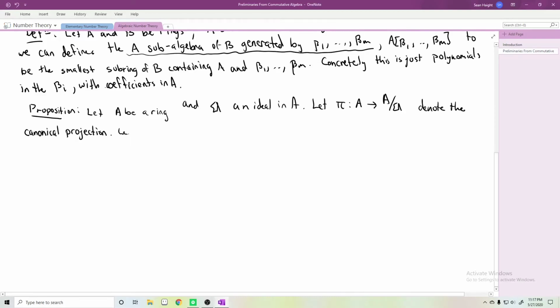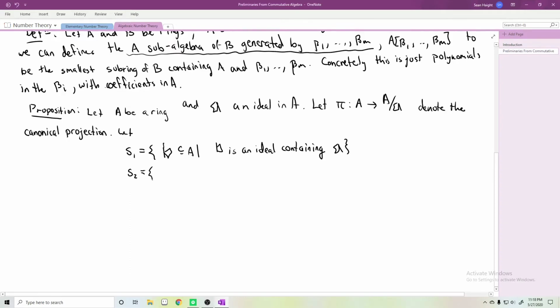So we're going to let S1 be the set of ideals B in A such that B is an ideal containing our ideal 𝔞.